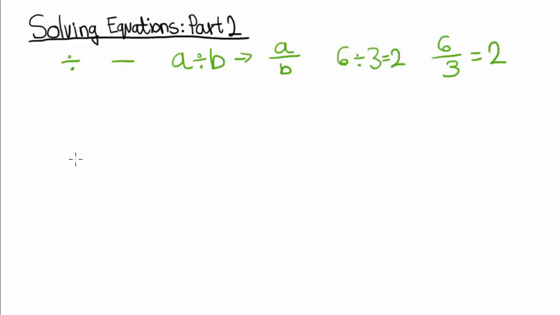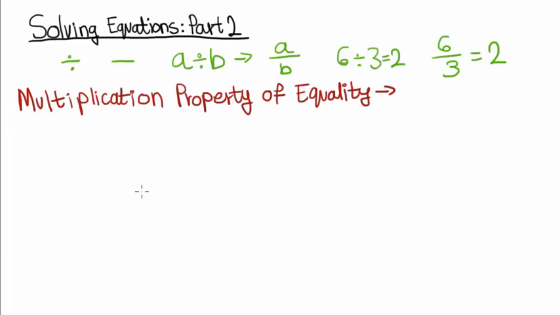Now, before we get on with solving equations involving multiplication and division, I would like to go over two properties: the multiplication property of equality and the division property of equality. Similar to the last video, let's say I have some number a and some number b. If both a and b are the same number, I can denote that as a equals b.